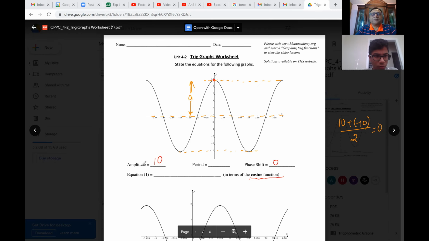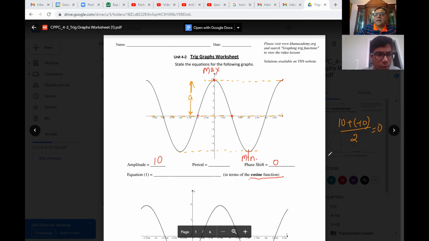Now, what do you think is the period? I think the period is 4 pi. Okay, so for period, we can check the value from maximum to maximum. We can do it twice. So this is the maximum, and that is the minimum, right?